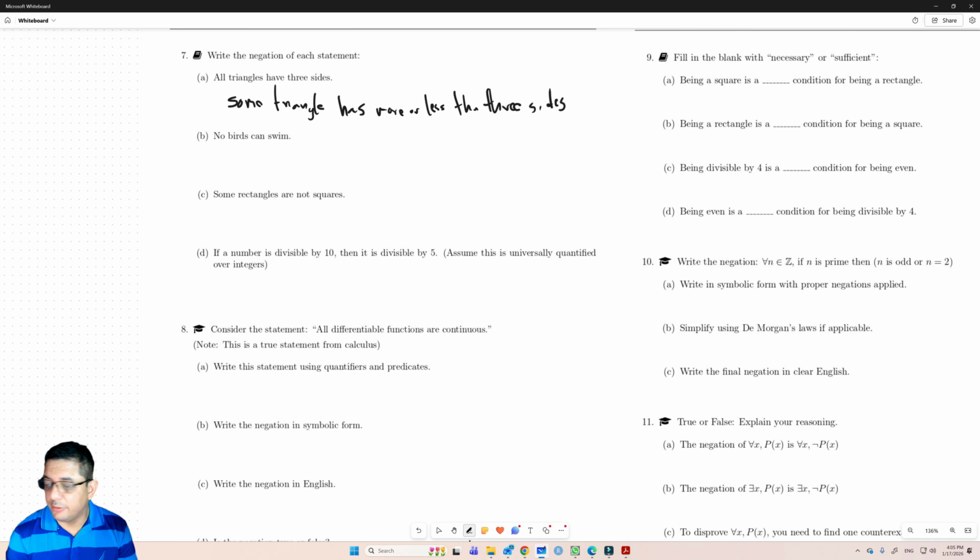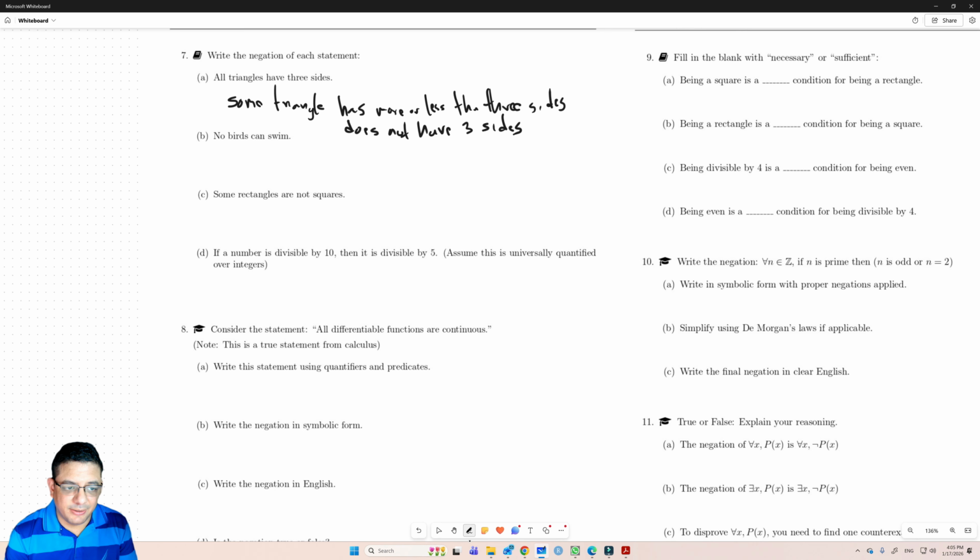Of course, you can also say some triangle does not have 3 sides, which is much simpler. Next, no bird can swim.